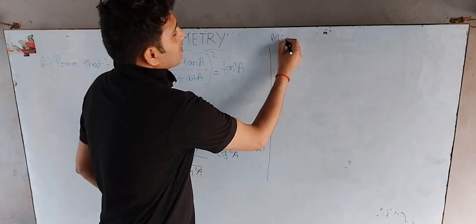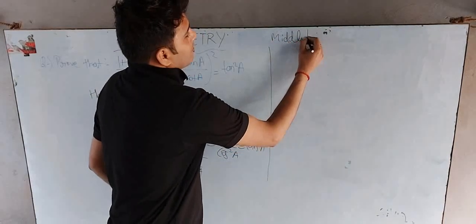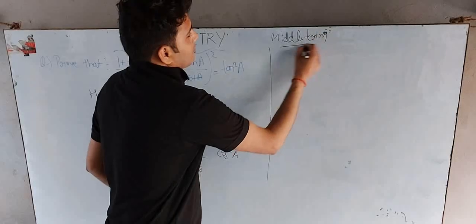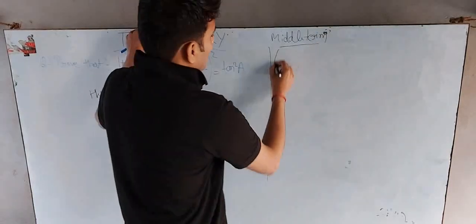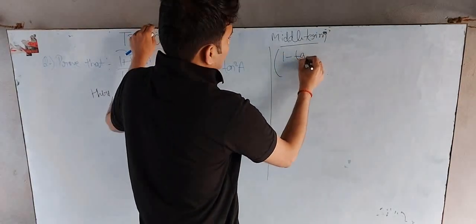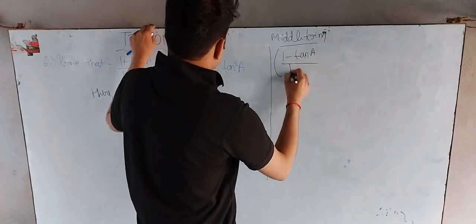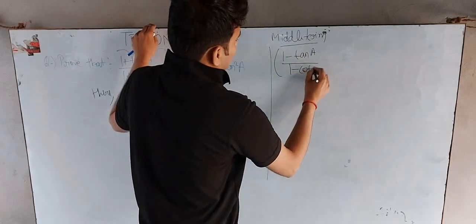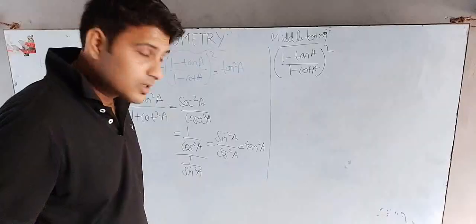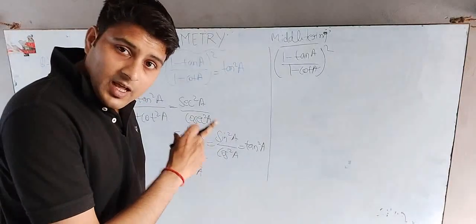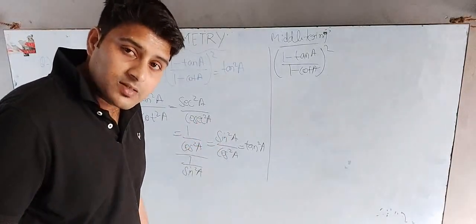Middle term: 1 minus tan A upon 1 minus cot A whole square. Now convert this tan A and cot A in the form of sin and cos.